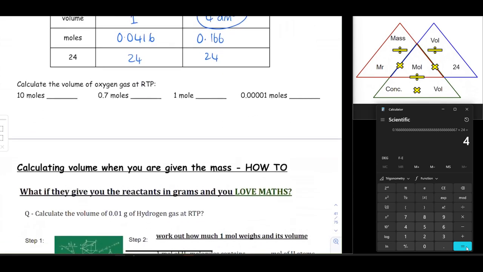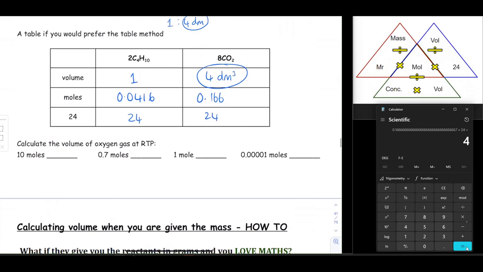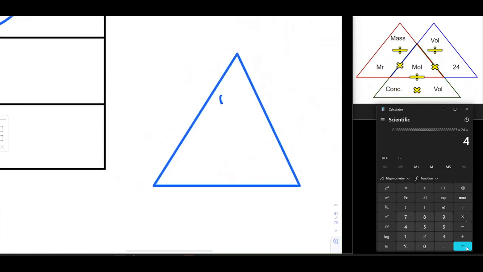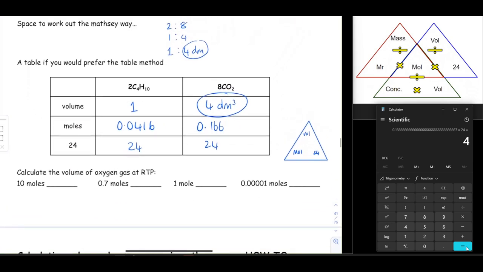Calculate the volume of oxygen gas at RTP in these different amounts of moles. For that, you are just going to use your volume mole 24 triangle, and you're going to say moles is 10, times 24.